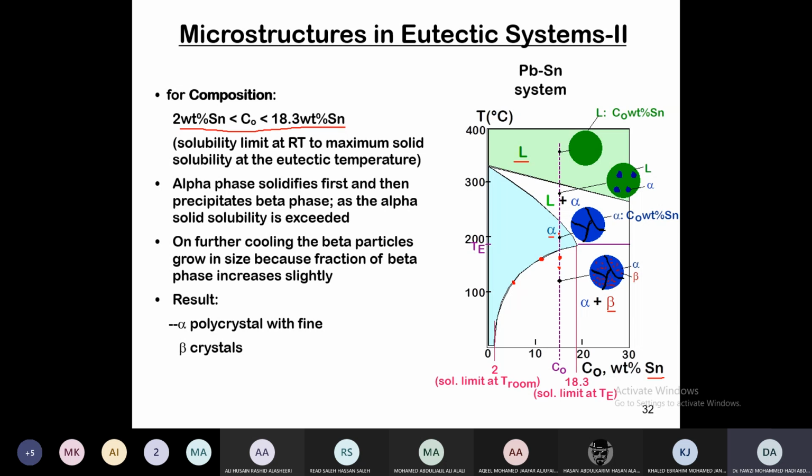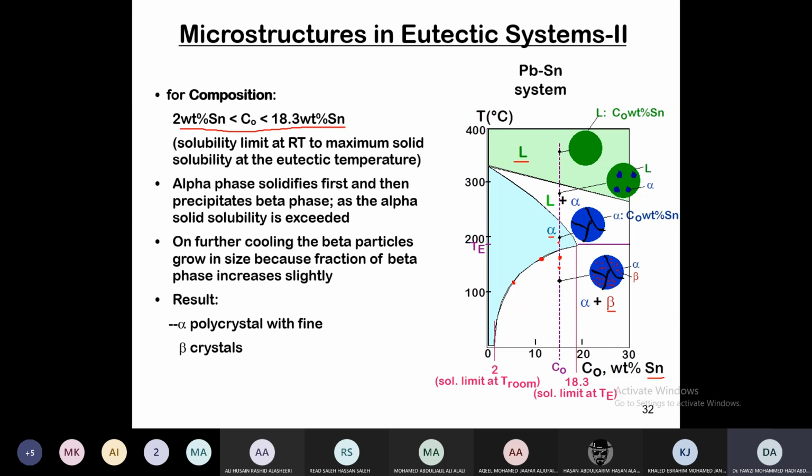The same thing here. At higher temperature you have higher solubility. It can dissolve tin up to there. See, like a host who can take in guests at home only up to a certain number: the alpha can take in the tin only up to there.